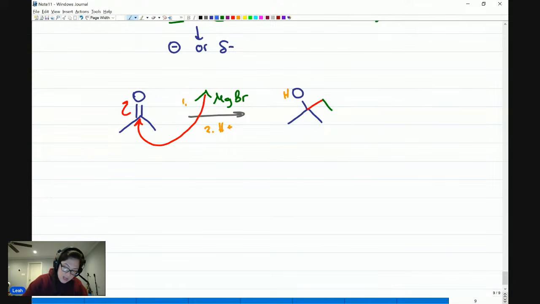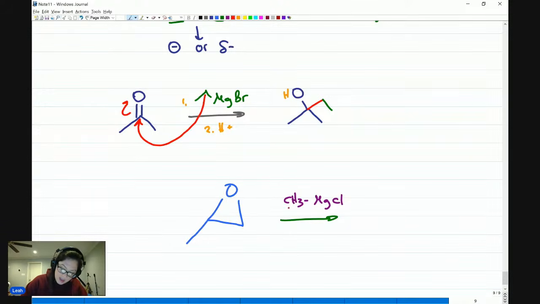For students studying epoxide reactions, it works the same way. If I react this with a Grignard, for example, a CH3MgCl, it'll attack at the easiest, least sterically hindered side. And then kick that up.